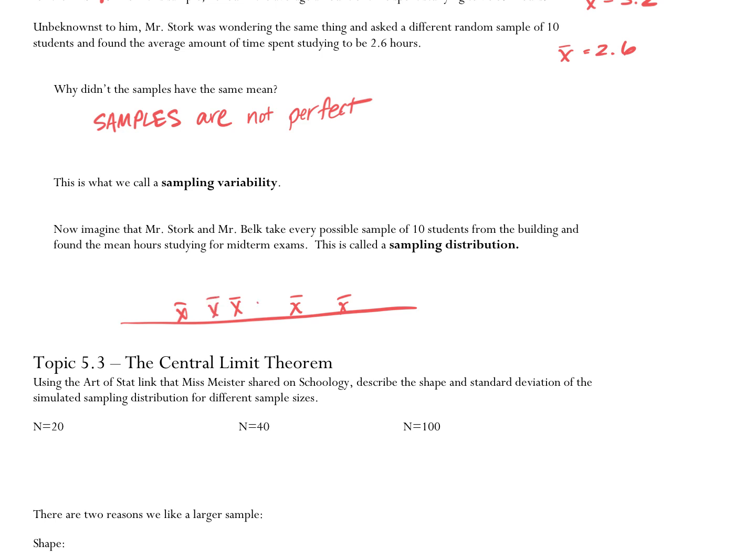If we take every single possible sample, all of a sudden, we have a dot plot. You can think of each of those x bars as a dot on a dot plot. All of a sudden, we have a distribution, and this is a very specific distribution called, in this case, the sampling distribution of x bar.